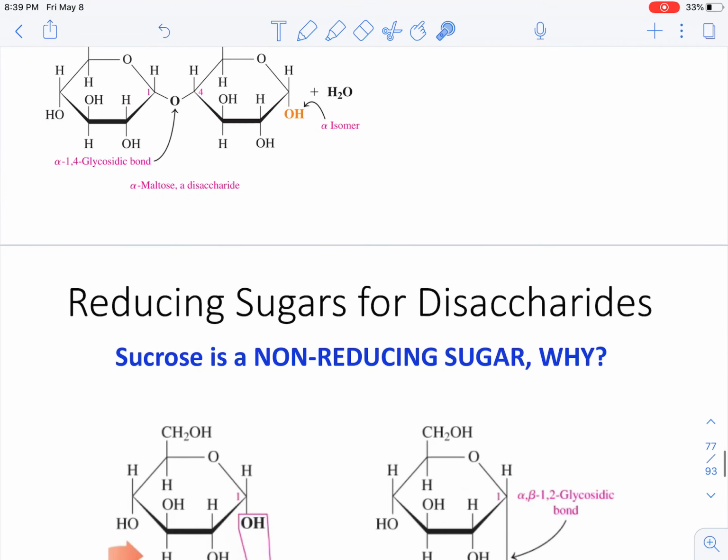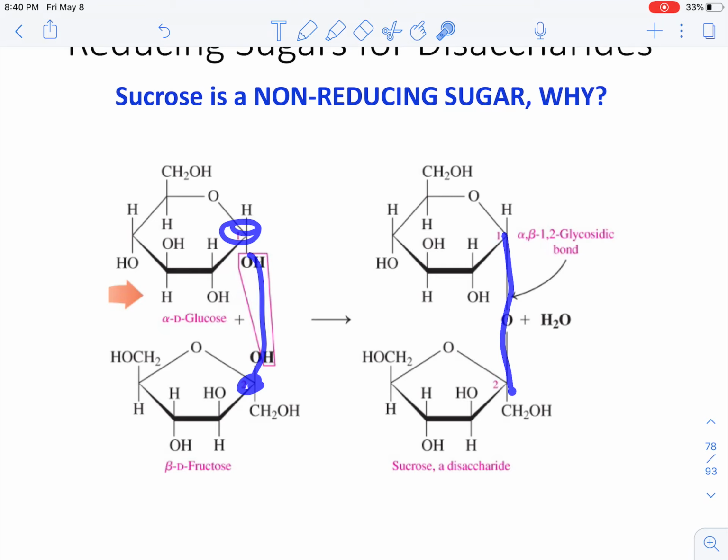Okay. Now, once again, sucrose is a non-reducing sugar. Once again, the reason why is because both of its anomeric carbons are participating in the formation of this glycosidic bond. And so if both of its anomeric carbons were used to form this glycosidic bond, then it cannot undergo any other reaction.